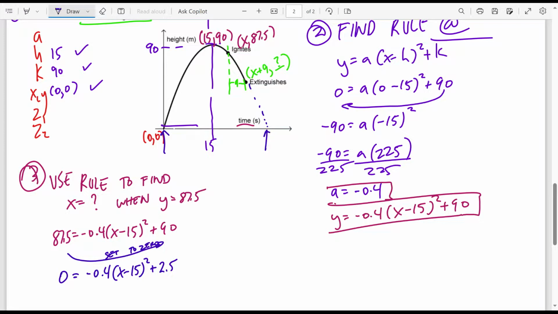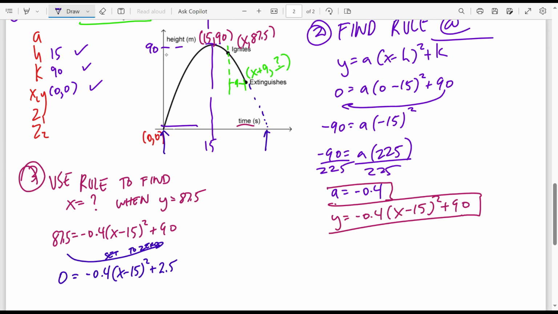It'll also help me find any x values at any specific y value. So for example, right here, I'm looking for what is this x and this x when y is 87.5. I'm only going to be using this answer, but the formula is going to give me both. I'll just have to choose which one I want to use.